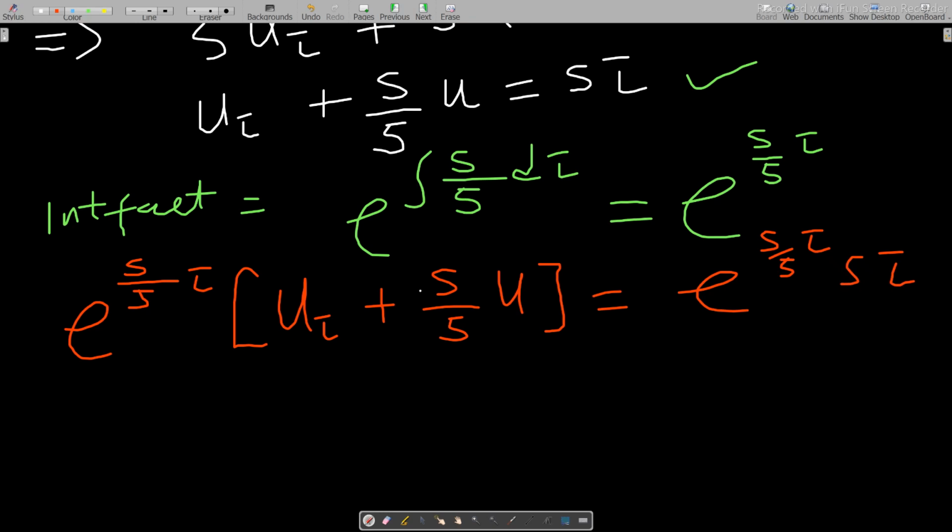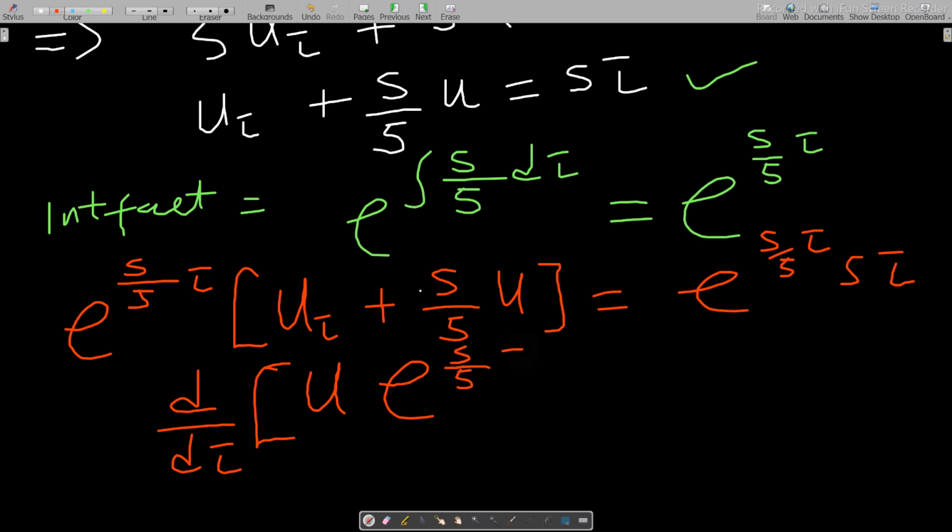Rearranging, the moment you multiply it through, the next step is that you write d tau of the whole bracket, u times your integrating factor, which is e to the power s over 5 tau. Here s is a constant because you are doing everything with respect to tau.